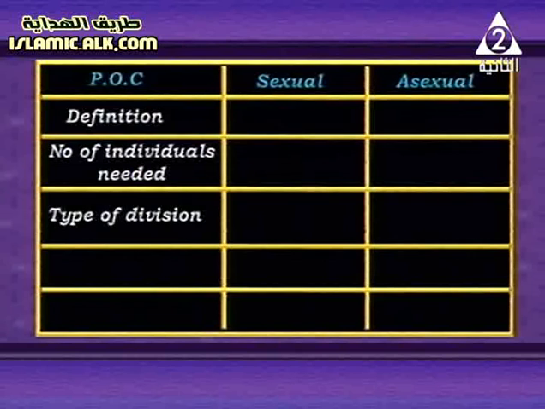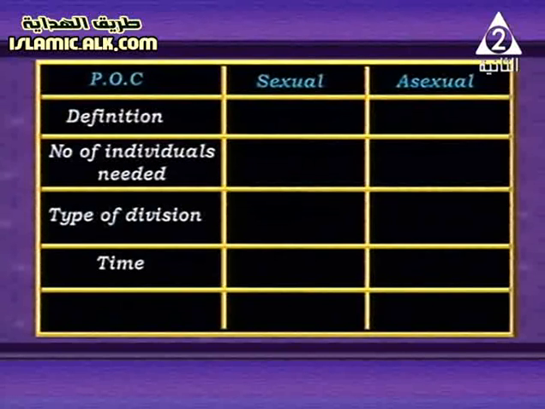After that, the type of division: in sexual reproduction it is meiotic division, or meiosis, while asexual is just one, which is what? Mitotic division. Also the time: sexual reproduction takes much more time, and as we said before, it needs a high biological cost. I think we discussed it before.